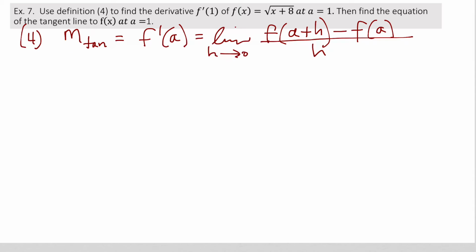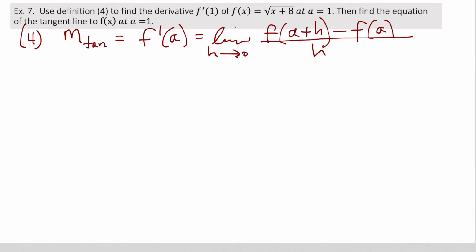Example 7 says use the definition again, so we're going to find the slope of the tangent line as the derivative, and then once we find that, we're going to find the equation of the tangent line to the function at a point. All right, so let's go ahead and do our substitutions first.